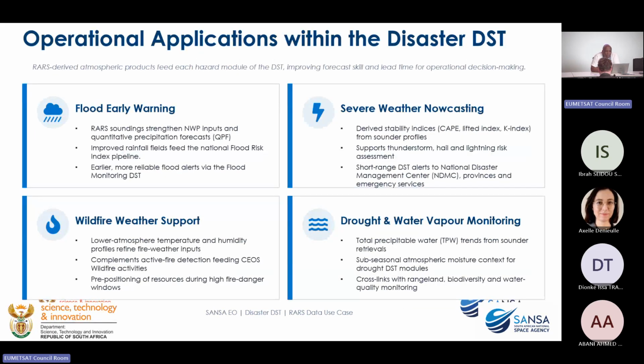Operational applications within the DST will also include flood and early warnings, which involves RAS sensing, strengthening NWPs and quantitative precipitation forecasts, and then severe weather nowcasting. Then there is wildfire weather support, together with drought and water vapor monitoring.